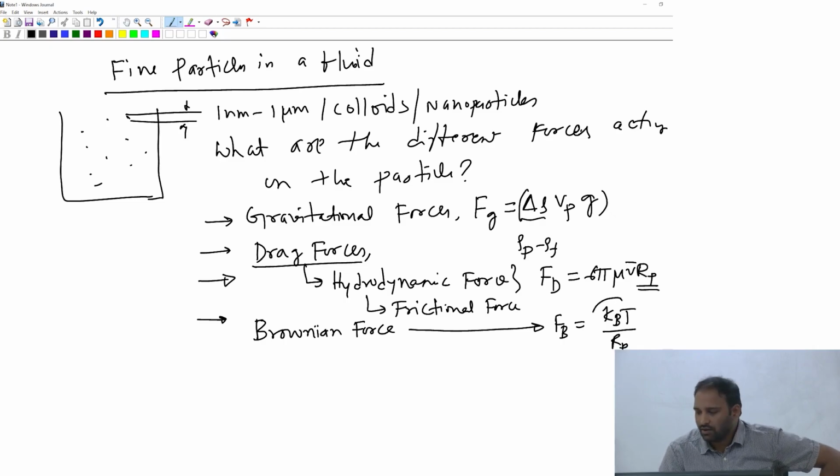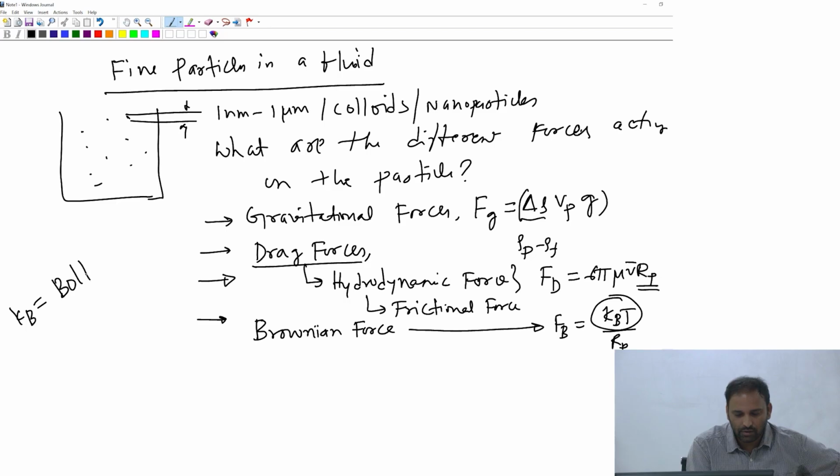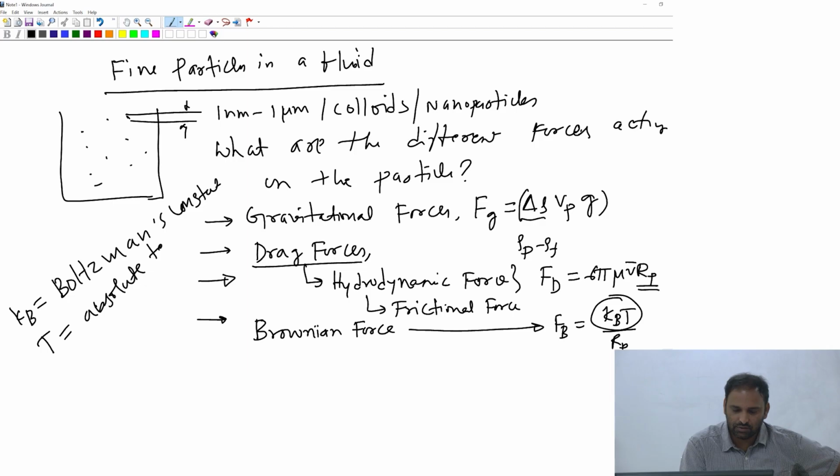Here kB is the Boltzmann constant, and T is your absolute temperature. The value of kB is something like 1.38 times 10 power minus 23 joules per Kelvin.